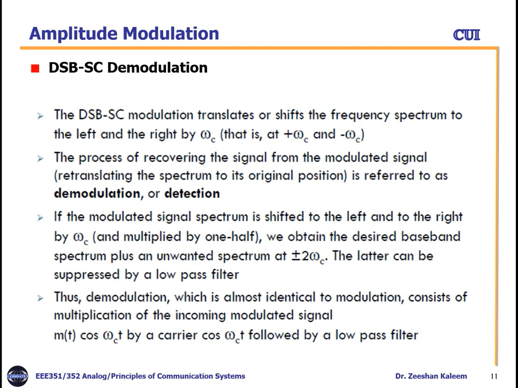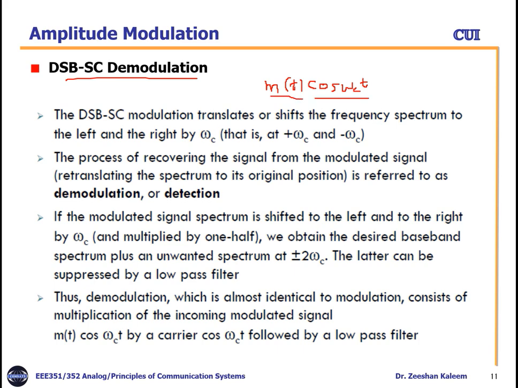So the next part is double sideband suppressed carrier demodulation. What does demodulation mean? You transmitted the signal m(t) cos omega_c t. So now you transmitted your message signal on the carrier. This was your message signal, the desired signal, and this was the carrier signal.